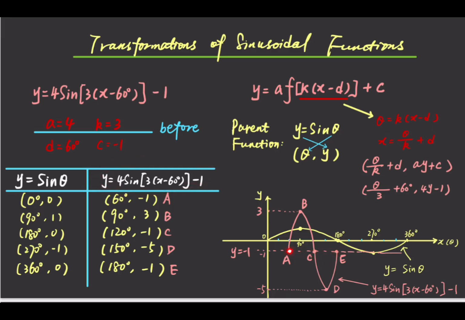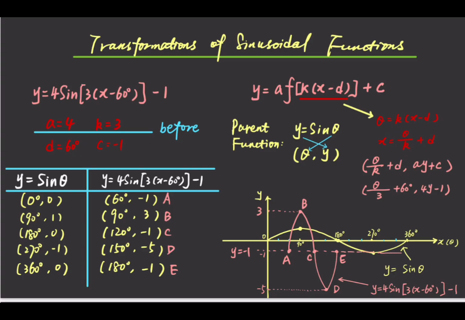You know, here its x-coordinate is this one. This point, its x-coordinate should be 180 degrees. The distance between these two points should be 120 degrees. This one should be one period.